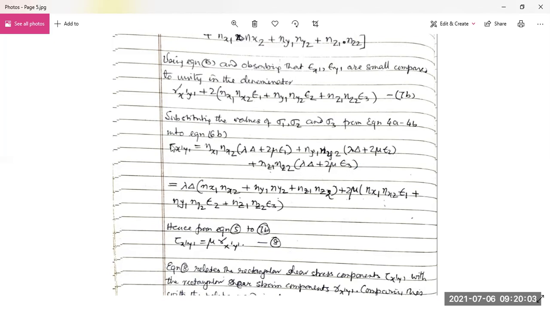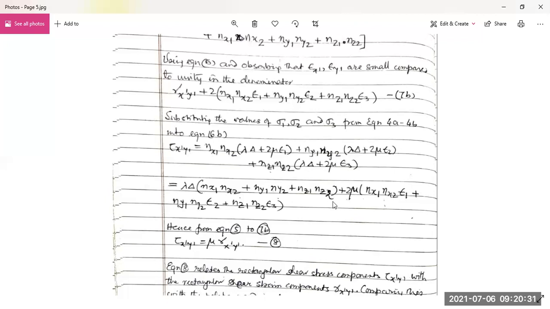So we got tau x'y' with this equation, meaning the shear stress in the x'y' plane, with x' being the axis OX' which is the normal to the plane y'z', and pointing towards y', is given by this particular equation itself.